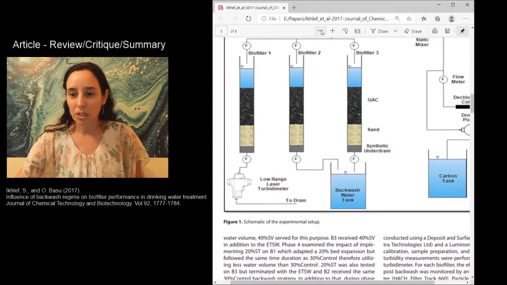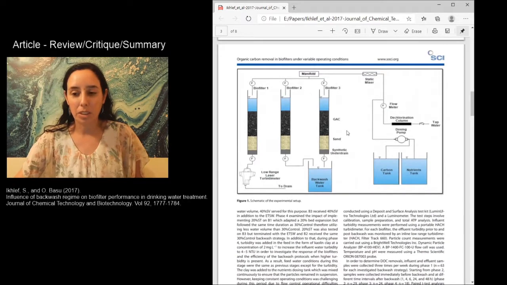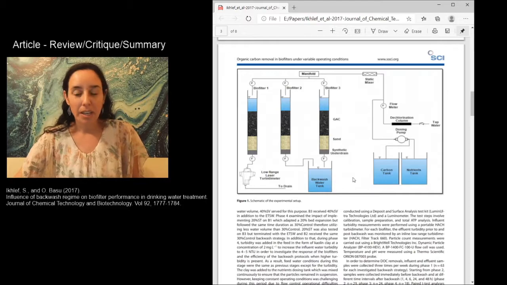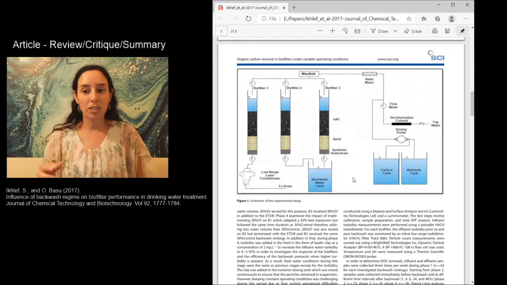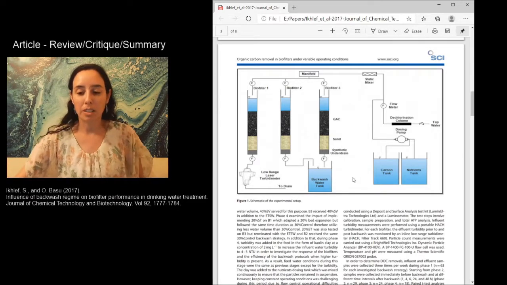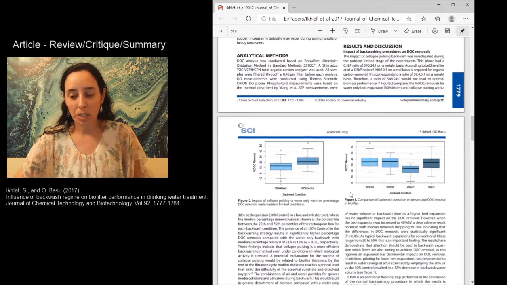Let me shrink this for a second. Again, we can see here that there's a schematic included. I find schematics are helpful to know what's going on. So you can see here that there are 3 columns that were run, biofilter columns, and that's where the experiments took place. Okay, so what are you looking at when you're reading the article though?